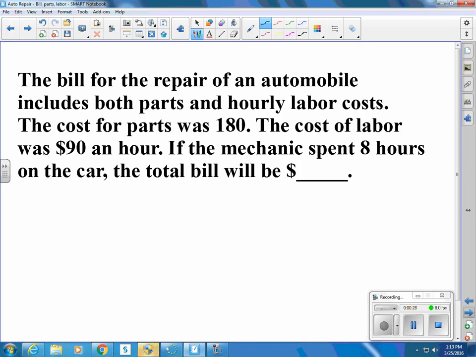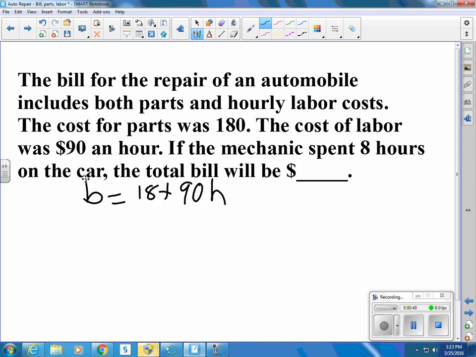The cost for parts was $180. The cost of labor was $90 an hour. If the mechanic spent 8 hours on the car, the total bill will be, well, the bill is equal to the parts plus the labor times the number of hours. And we know that the number of hours was 8.